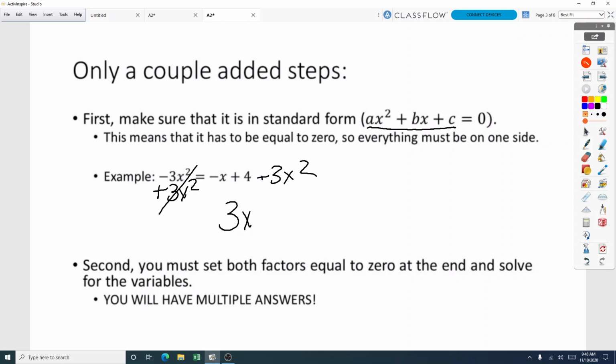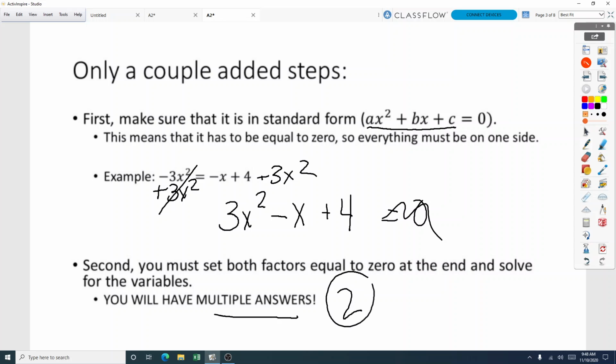So 3x squared minus x plus 4, and it equals 0. I don't have to worry about this really right now. And then I can go ahead and factor that. After I got my factors, then I'm going to set them both equal to 0, and I'm going to solve. You will have multiple answers today, probably 2 in each of these questions, okay? So we're going to do a few examples so that you can see what I'm talking about here.